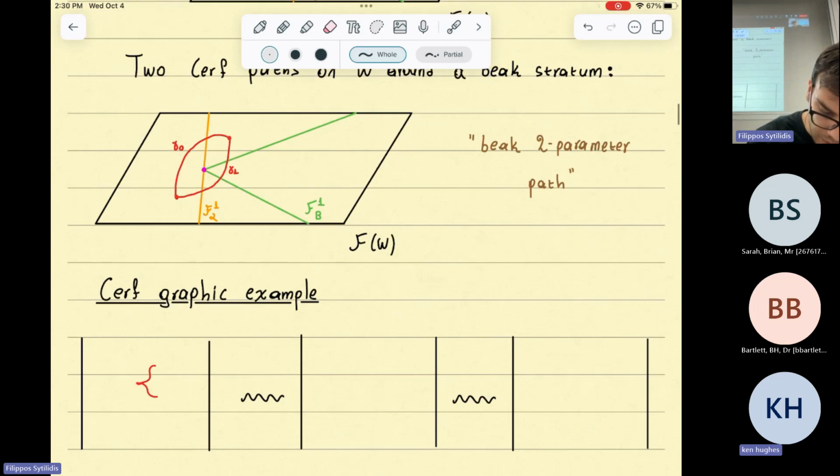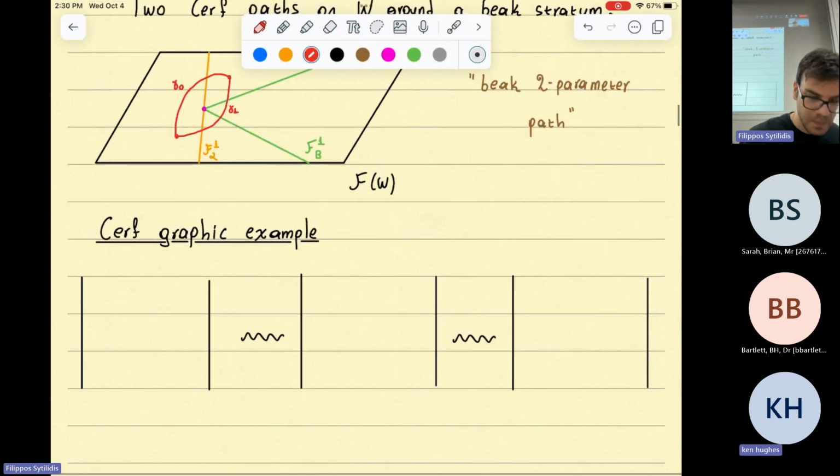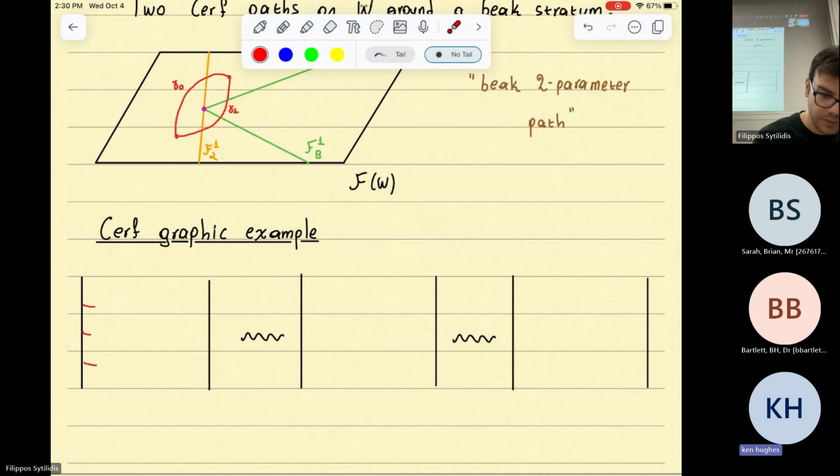Let's maybe start with this path here. One. What would that look like? Let's suppose that here I have 3 critical points. And let's suppose that this here crosses 2 of them.